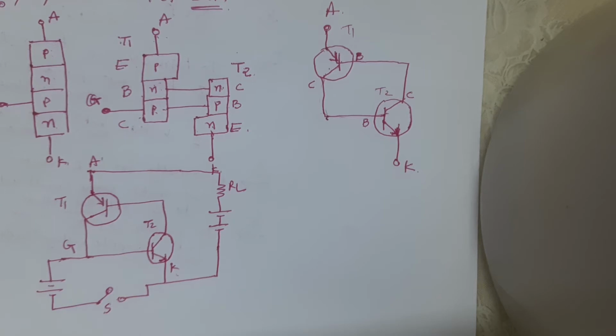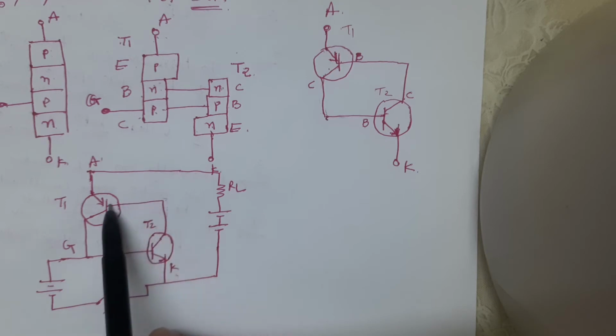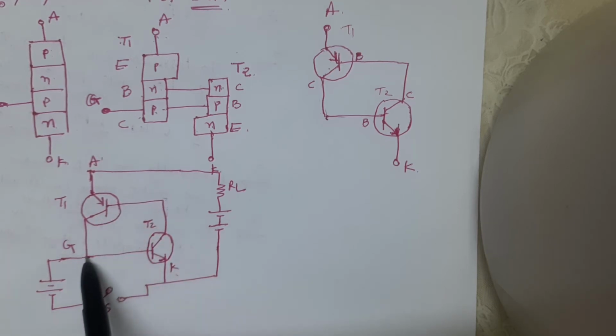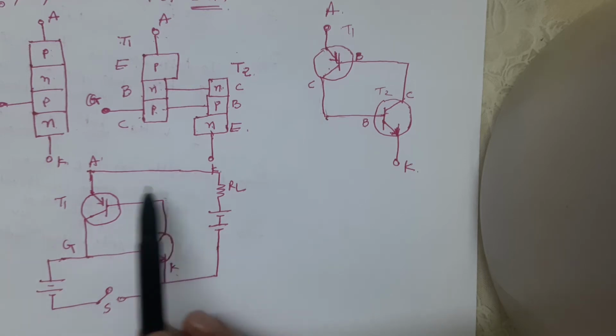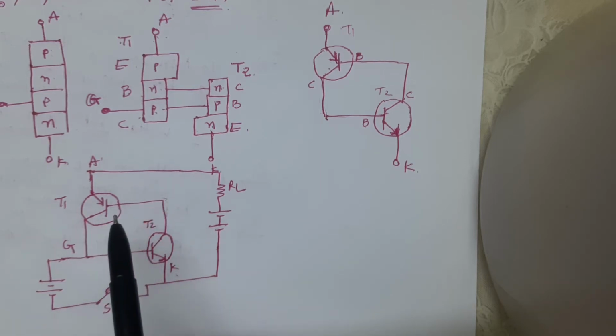This action is cumulative, since an increase of current in one transistor causes an increase of current in the other transistor. See here, the base current increases, that means collector current increases, this collector current increases, the base current increases, this increases the collector current, again the base current increases. This is a repetitive process.